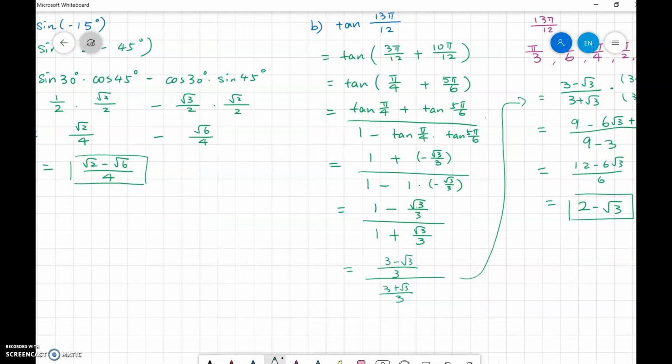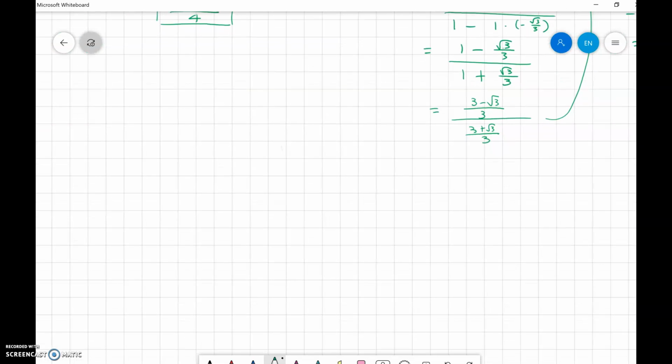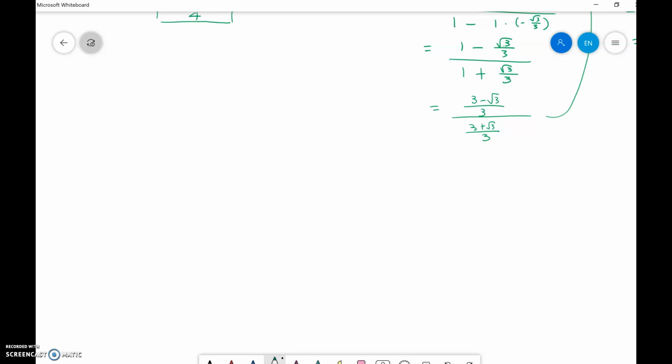Okay. So we have two more examples. This time, I want to write functions as an expression involving theta alone.